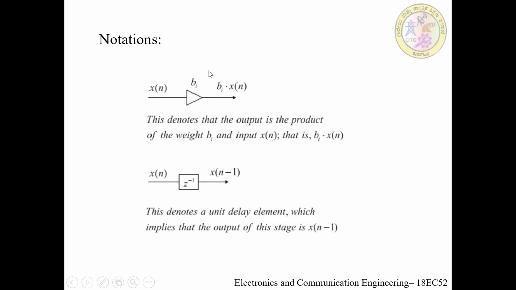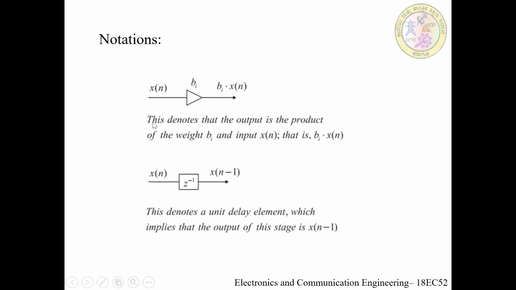This denotes the output will be the product of the weight. This is the weight that gets multiplied with the input x of n. So the output will be bi into x of n. So we can call it a multiplier, just aligned with an arrow.